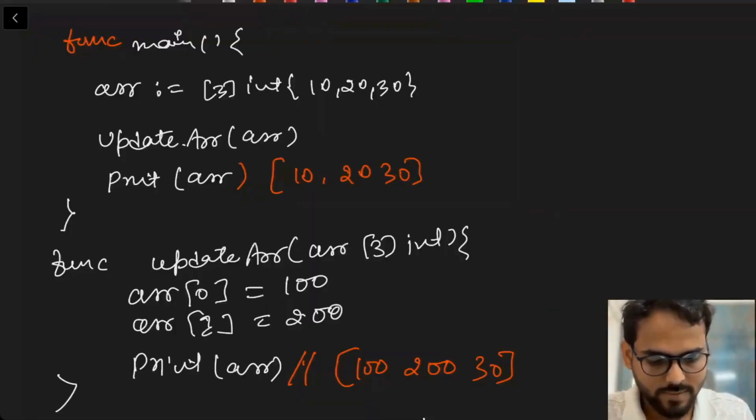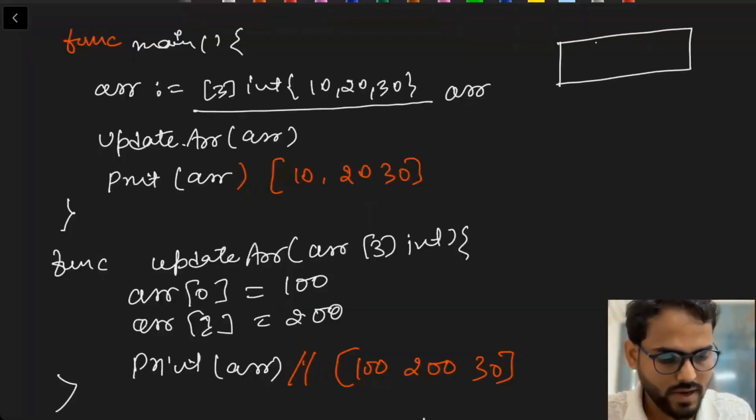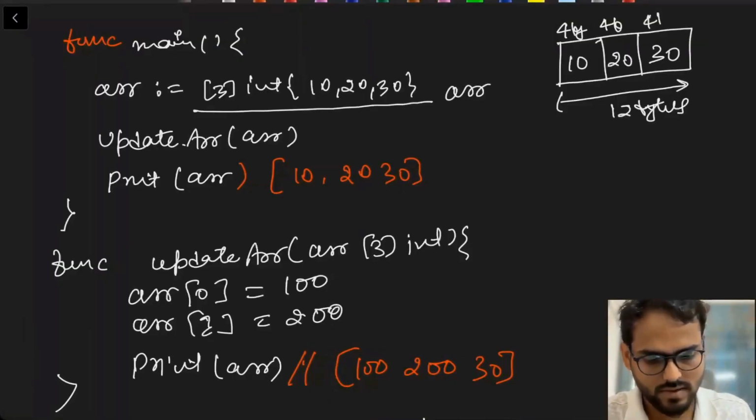For this first statement, a variable array will be created, and corresponding to this array of size 3, memory will be allocated in the RAM. As the array size is 3, it has blocks of 4 bytes each. Okay, so 4 bytes, 4 bytes, 4 bytes, total 12 bytes, and the values will be 10, 20, 30 here.